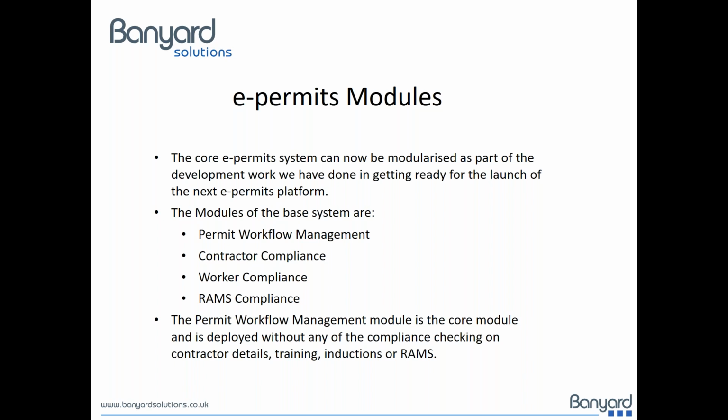And the 4th module is RAMS compliance. They're not ranked in any particular order there. They're not even in alphabetical order on the slide. But the core module is the permit workflow module. And this is then deployed without any of the compliance checking on the others. As time goes by, you can add the other modules to the system to build up the level of coverage for your ePermit system.